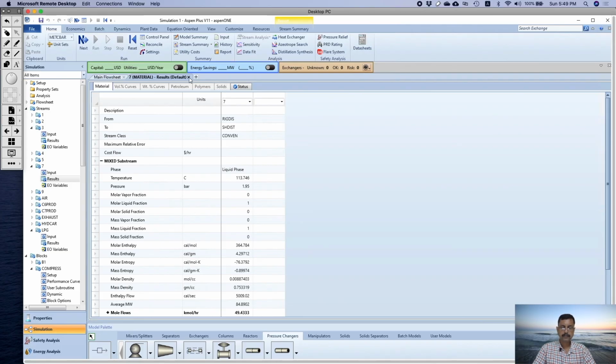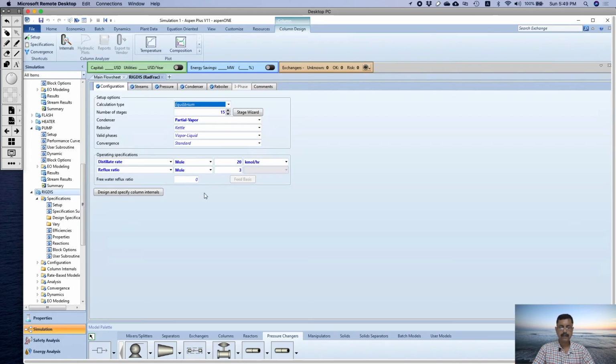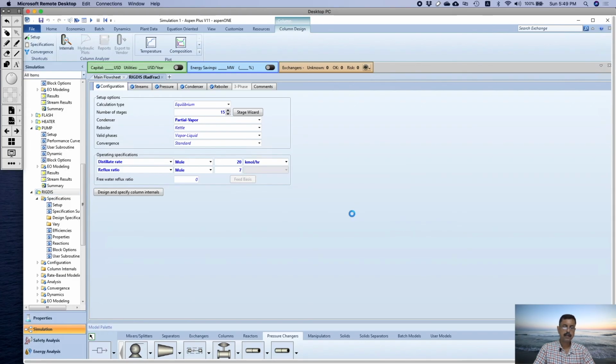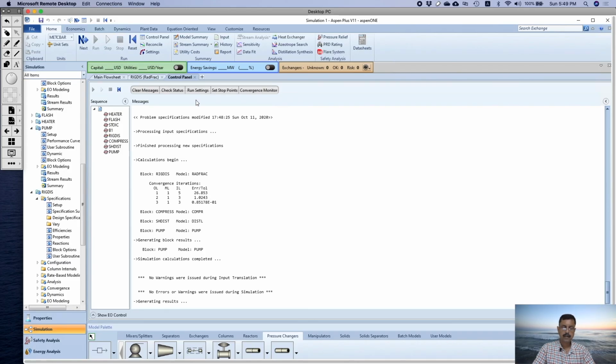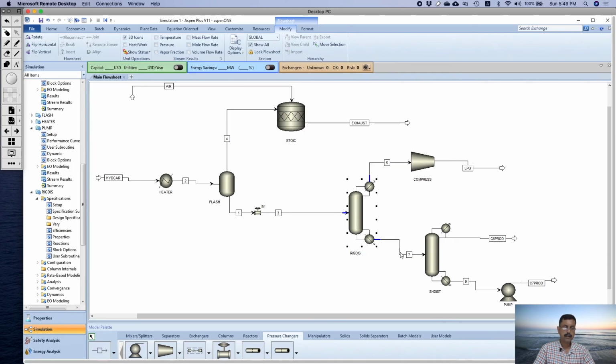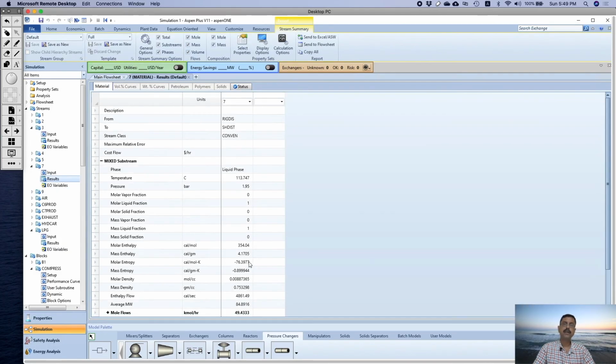So the opposite thing happens with, instead of 5, if it is 7, then if we run it and check stream number 7 results, from 358, it decreases to 354.